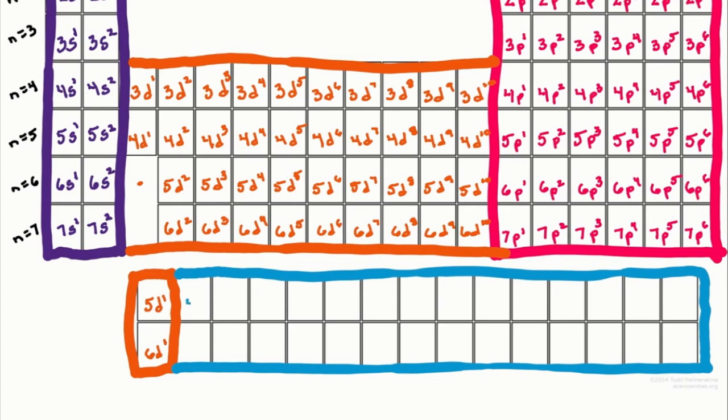So this is going to be 4F1. So notice, unlike the D sublevel, which can fit 10 electrons, the F sublevel can now fit 14.